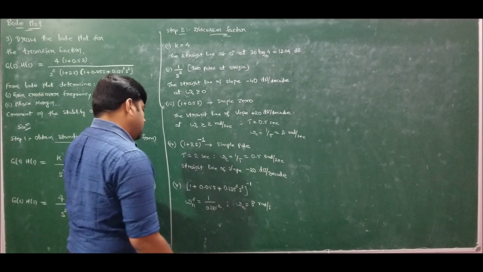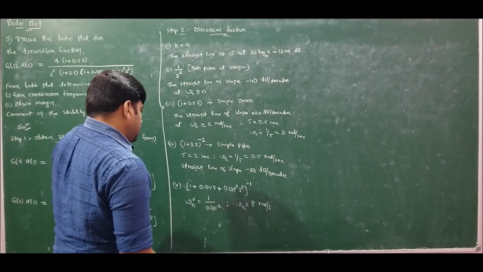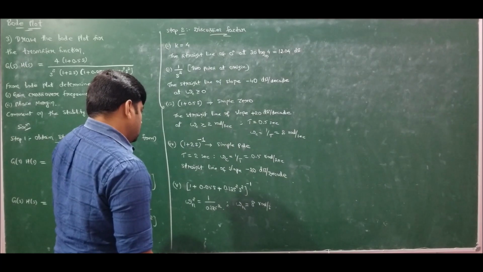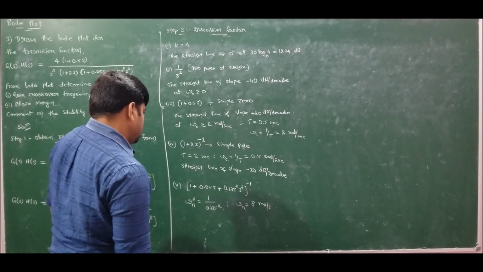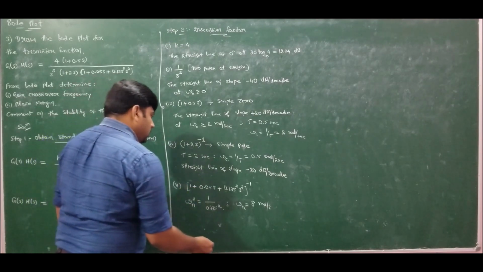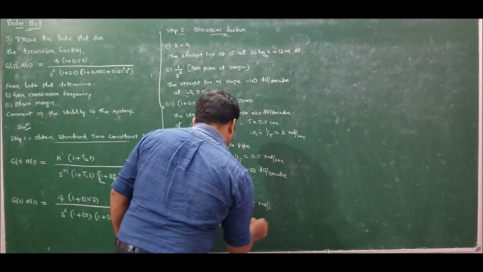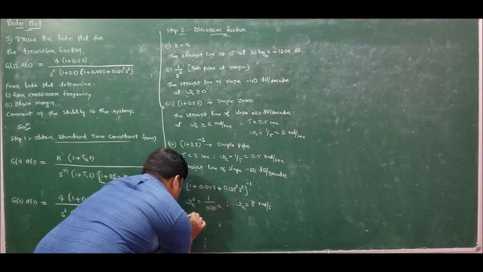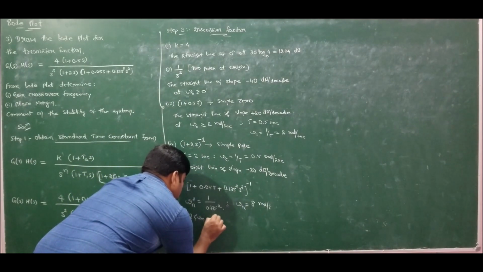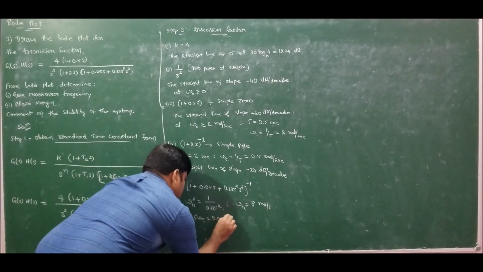If you want the time period, it is nothing but 1 by t, and also we can find the value of zeta. So if I want the value of zeta, what will it be? 2 zeta omega n must be equal to 0.05.